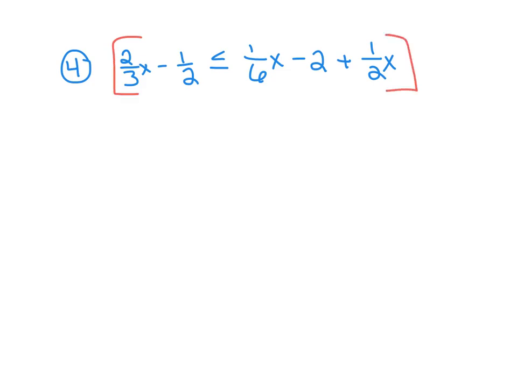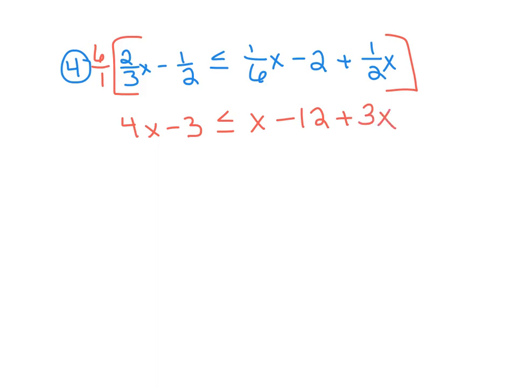I wanted to show you one like this because you can still do it just like equations. Your common denominator here is 6, so you would multiply everything by 6 over 1. So you would have 4x minus 3 less than or equal to x minus 12 plus 3x.